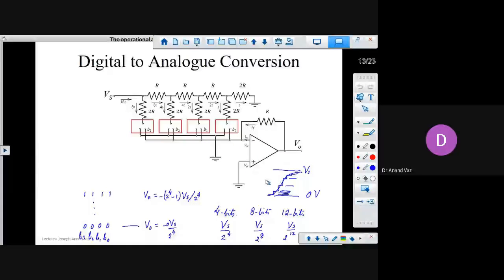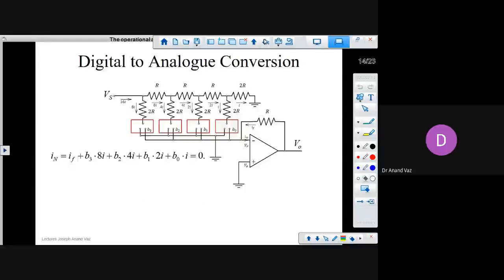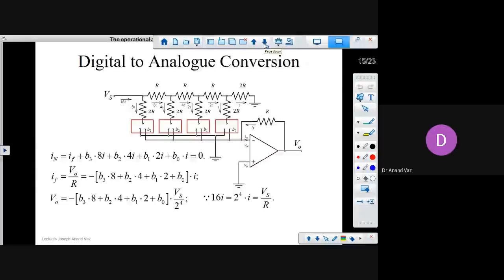And we are making use of an operational amplifier here. Then we saw in our last lecture that we could apply the principles of the operational amplifier and come out with the expression for the output voltage that would be produced based on the combination of bits.